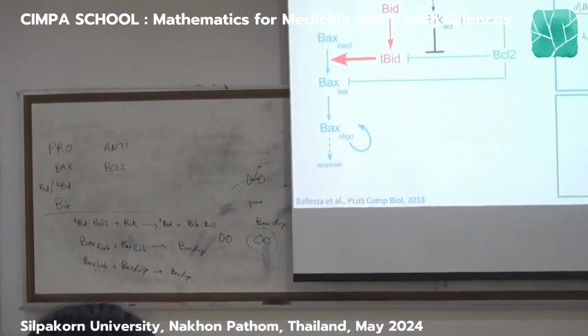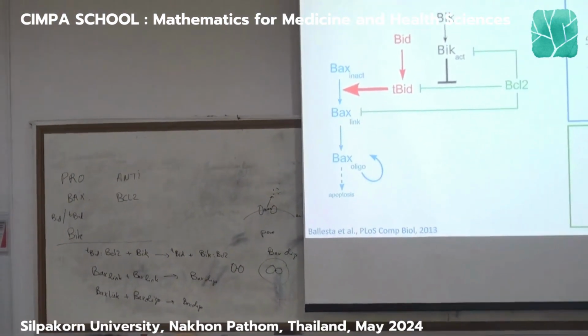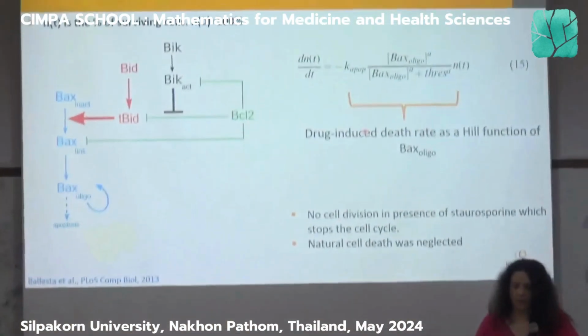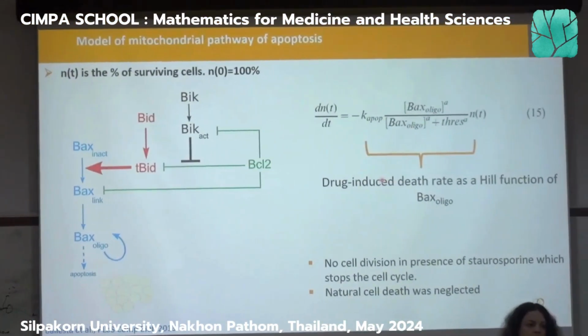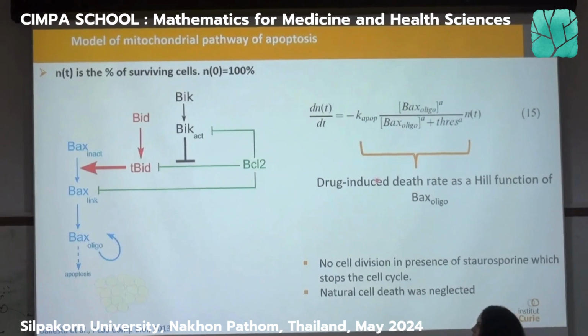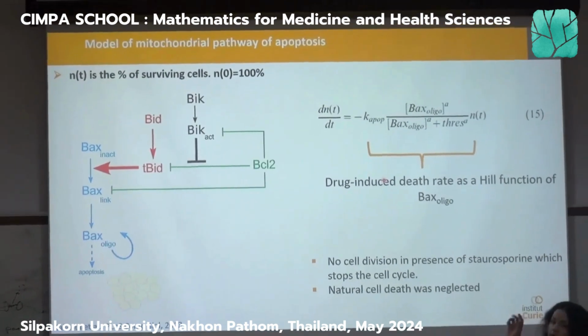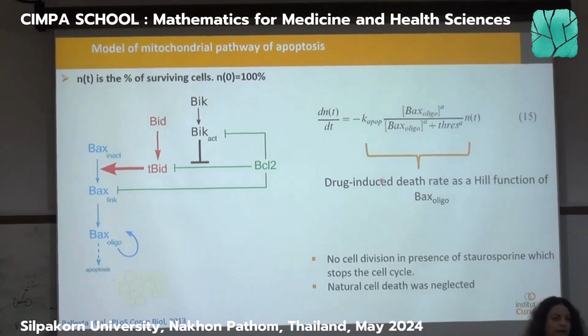Okay, so now this is at the intracellular level. As I was saying, we connected this intracellular model to a cellular model. So now the equation here is for a variable n, which is the number of cells, or the percentage of cells that survive, which are alive at time t.